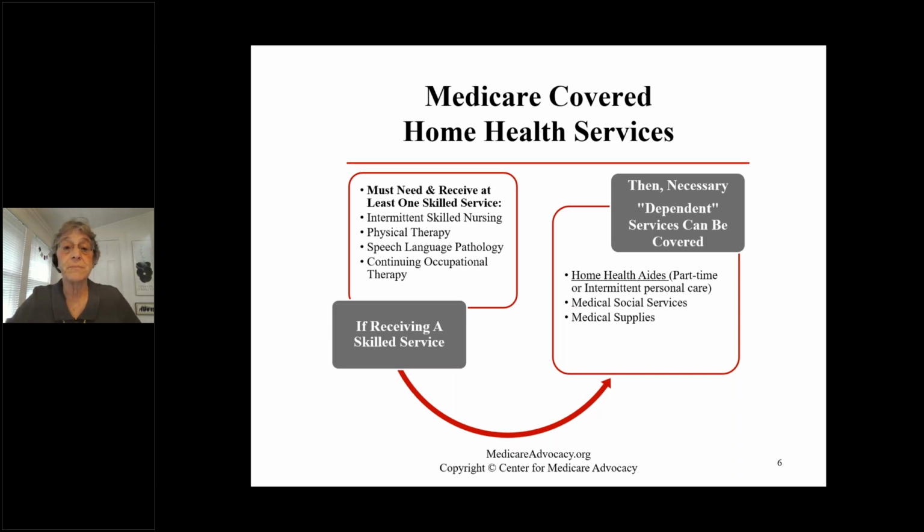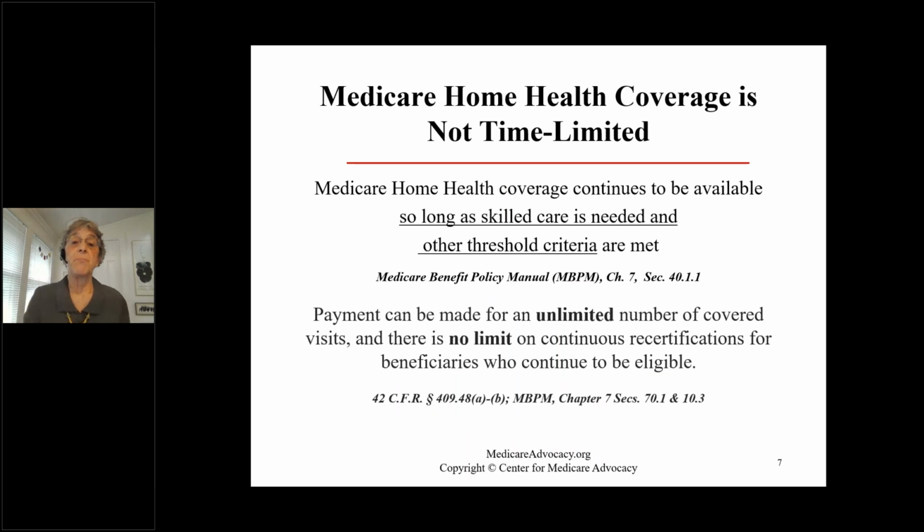Next slide, please. Important to note: Medicare home health coverage is not time limited. So often people are told that you can only get home health care, if at all, for 30 days or 60 days, or perhaps even a shorter period of time. But the Medicare Benefit Policy Manual itself, that policy manual written by those who run the Medicare program, specifically says that Medicare home health coverage continues to be available so long as skilled care is needed and the other threshold criteria are met.